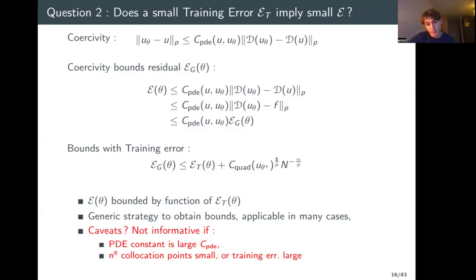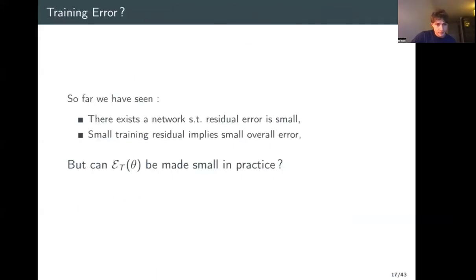And most importantly, if the training error is not small. So here we saw that there exists a neural network such that the residual error is small, and a small training residual implies a small overall error. But now the central question is, can we actually make this training error small in practice? And this is what this talk is mostly focused on.